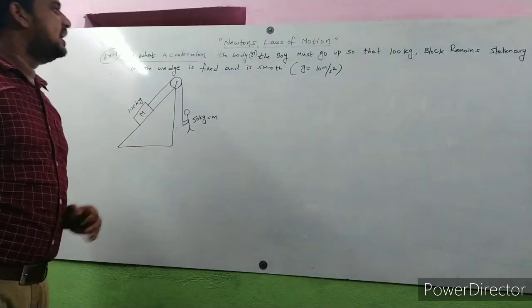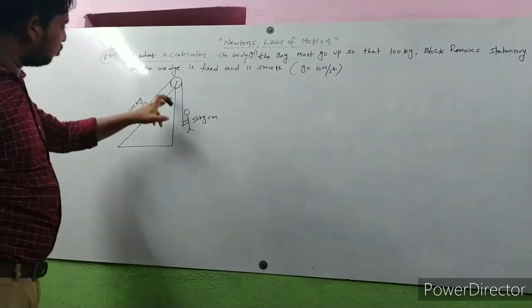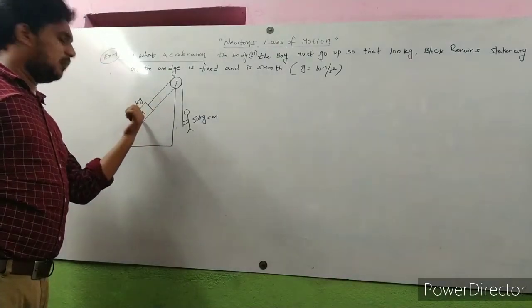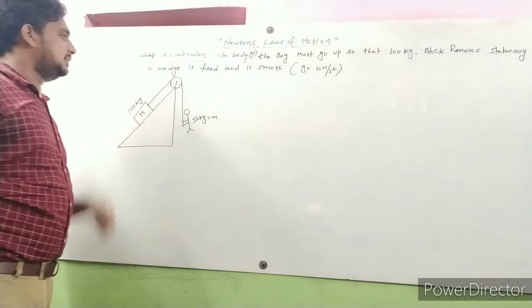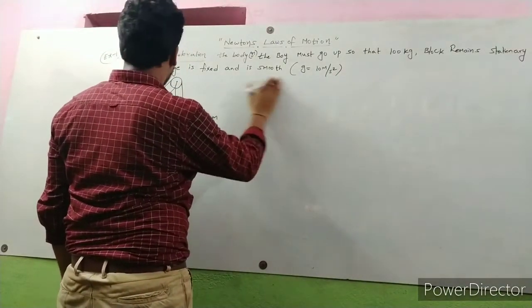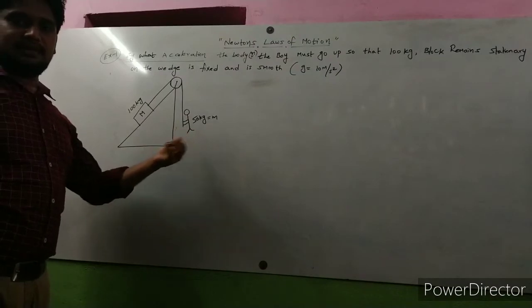The wedge is fixed and it is a smooth surface. Here on this wedge one block is placed. The mass of the block is given, capital M equal to 100 kg. The mass of the boy is given as 50 kg.